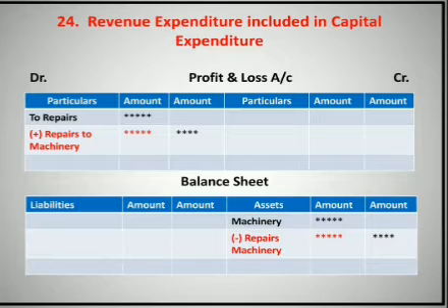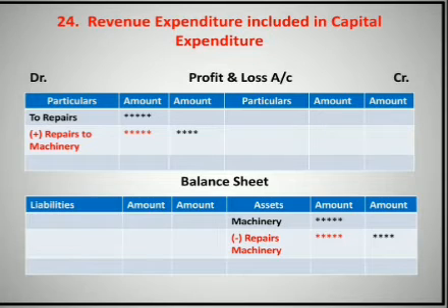A revenue expenditure is an amount that is spent for an expense that will be matched immediately with the revenues on the current period's income statement. Examples of revenue expenditures include the amount spent on repairs and maintenance, and selling, general and administrative expenses.